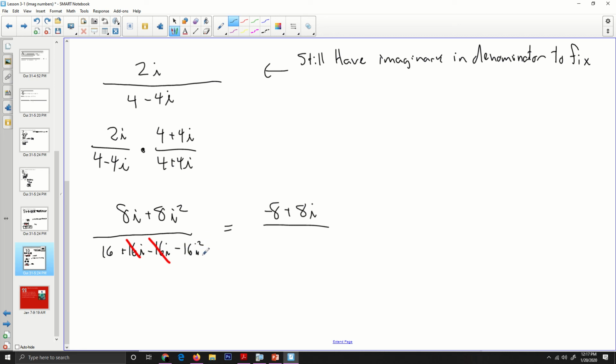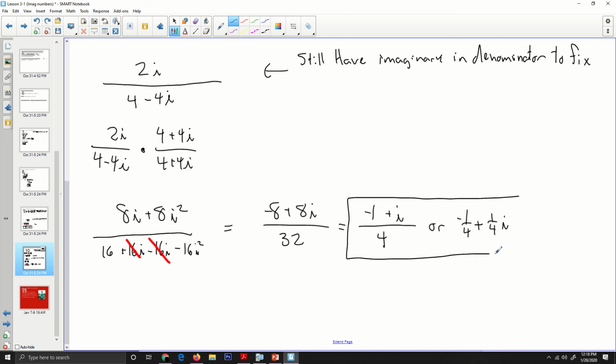So that's negative 1. So this becomes positive 16. So I get 32 on the bottom. That's good. And I can take out 8 out of each term. So when I divide negative 8 by 8, I get negative 1. 8i divided by 8 is just i, and then 32 divided by 8 is 4. So negative 1/4 plus 1/4 i is going to be acceptable for that particular problem.